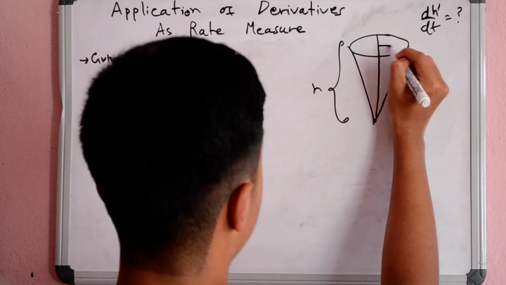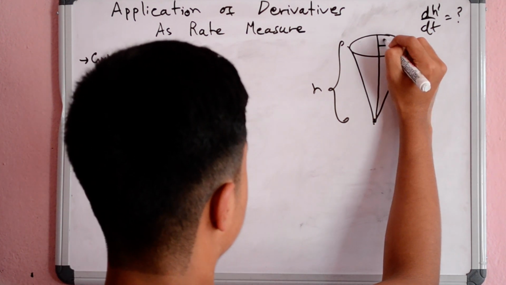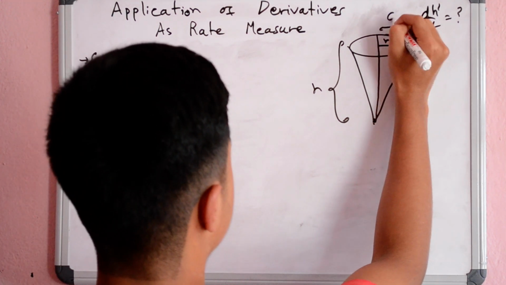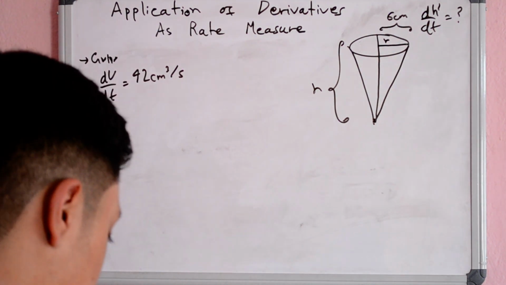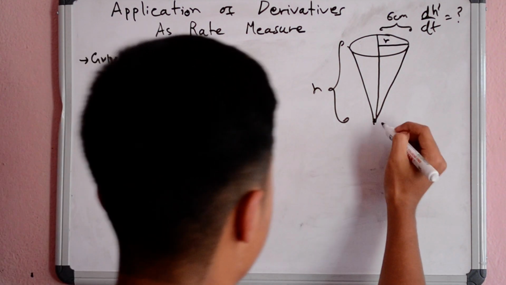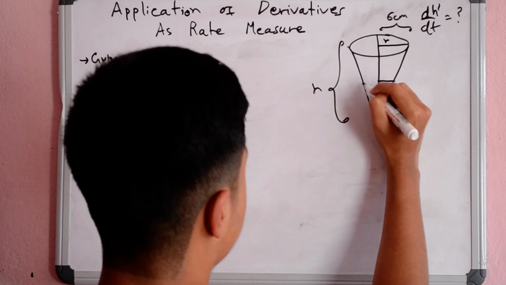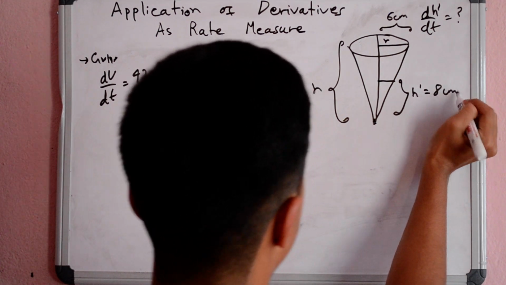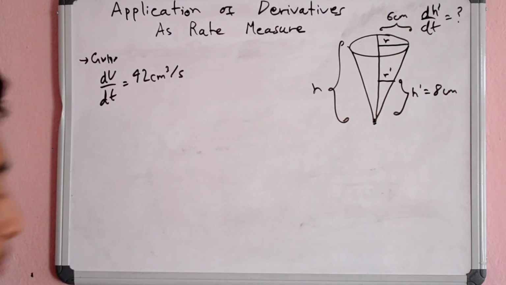So this radius is equals to 6 centimeter. It is giving us that h prime, let's just say this part, h prime is equals to 8 centimeter. So we have r prime here.